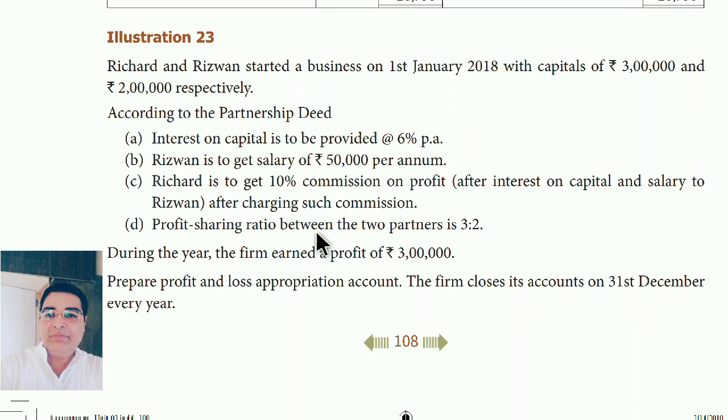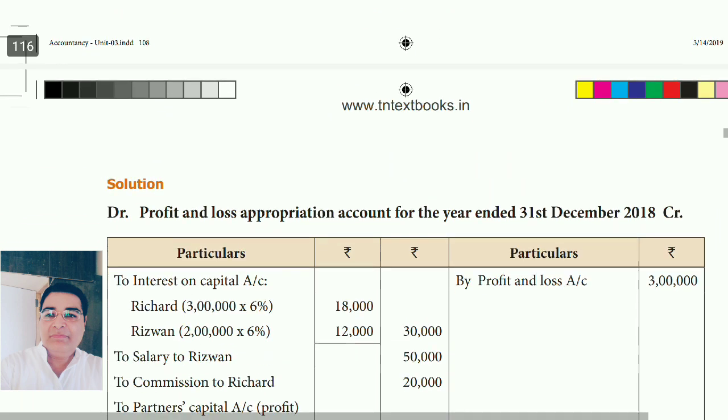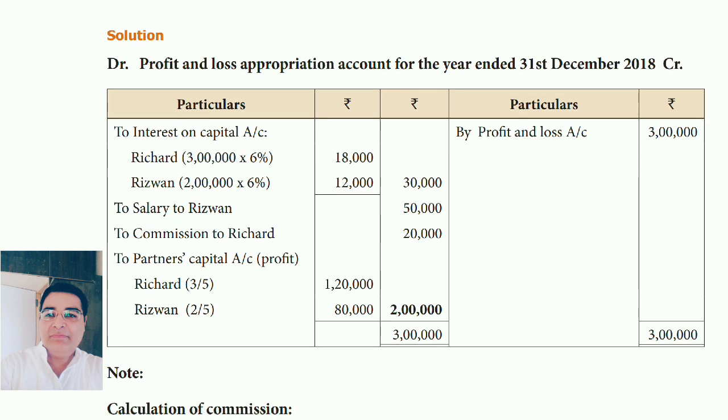So interest on capital goes on the debit side: 3 lakhs into 6 by 100, 2 lakhs into 6 by 100. 3 lakhs into 6 by 100 is 18,000. Then 2 lakhs into 6 by 100 is 12,000. 18,000 plus 12,000 is 30,000. Then see the next adjustment, salary given. So salary to Rizwan 50,000.